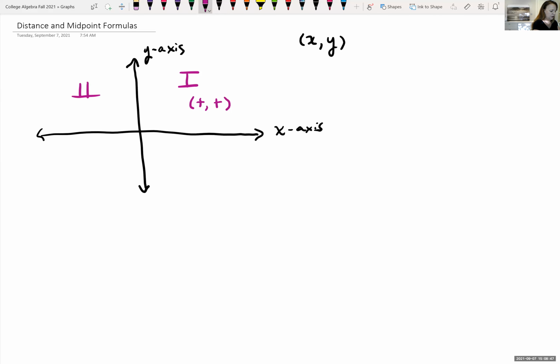This would be our quadrant 2. You'll notice that our x values are negative and our y value is still positive. We have our third quadrant, where both x and y are negative, and our fourth quadrant, where x is positive and y is negative.